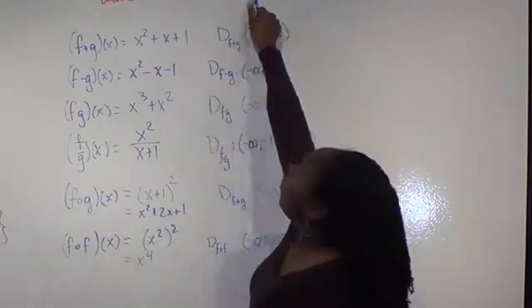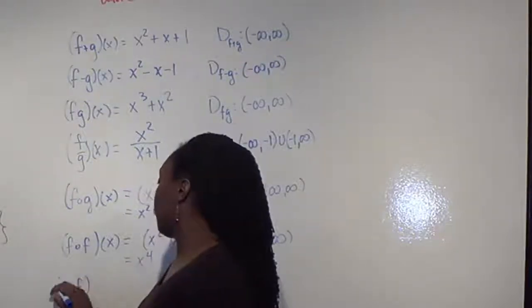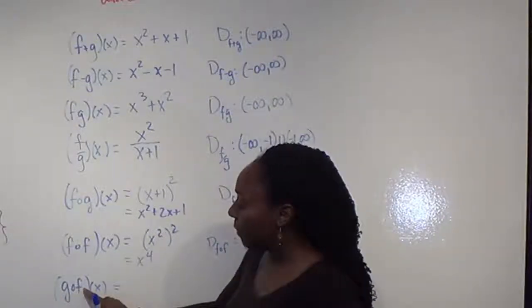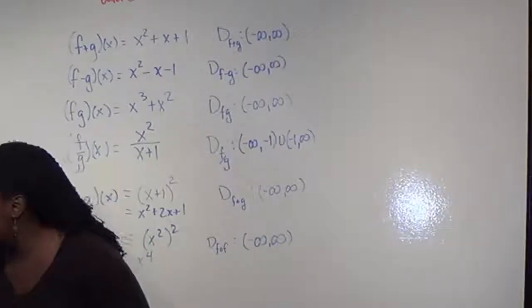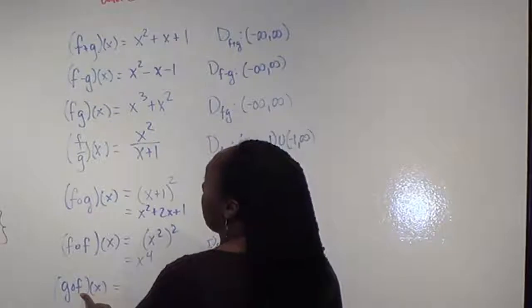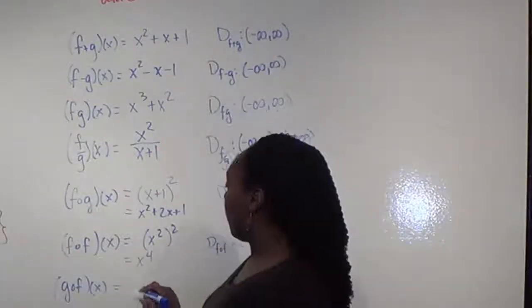Okay. g composed with f says that I'm now going to take f and plug it into g. So you have to be careful in this definition because the order here does matter. Okay, so now I'm going to take f of x, which was x squared, and put that in for the x in the x plus 1.